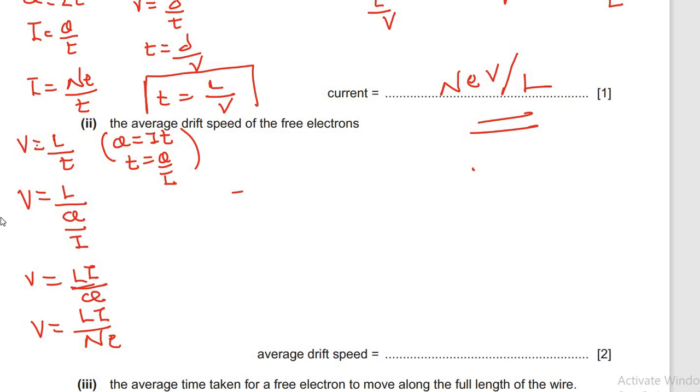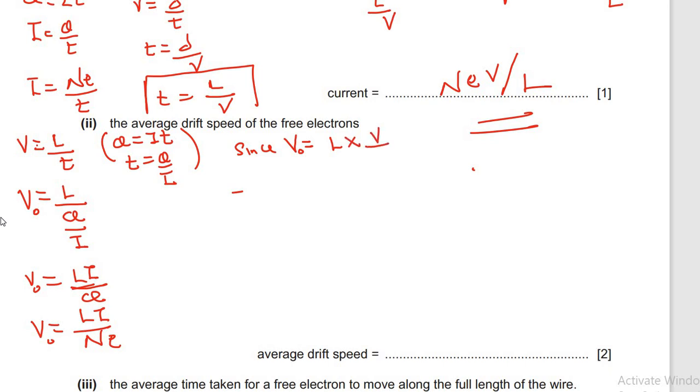Let me call velocity V naught. Do not confuse velocity with voltage. Velocity is L times current.